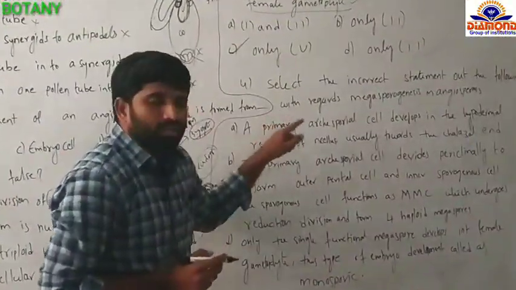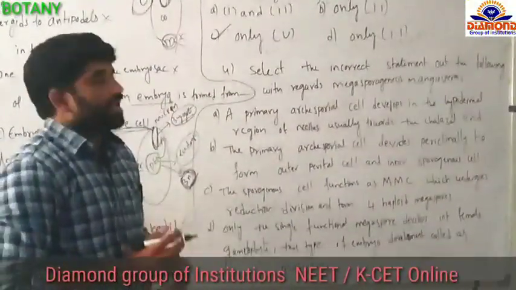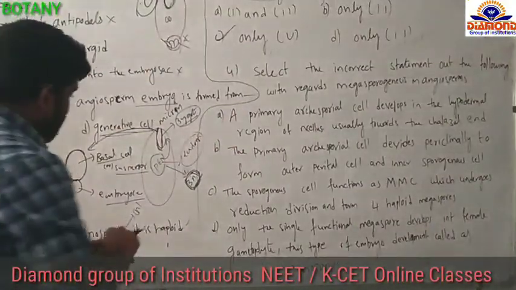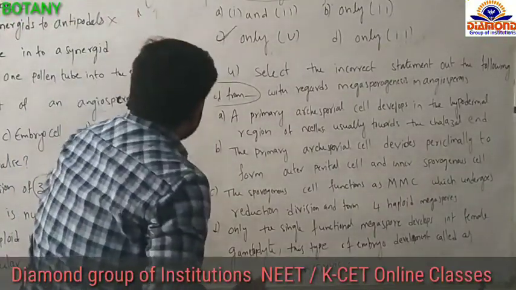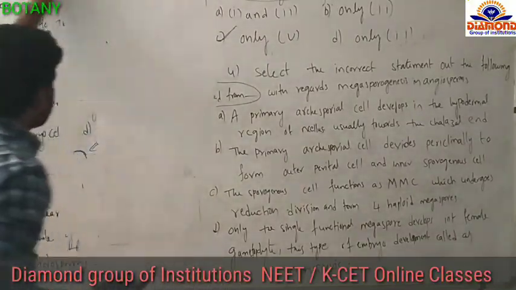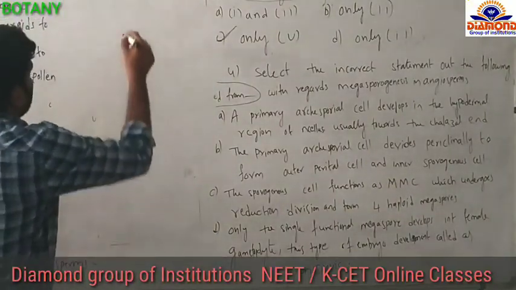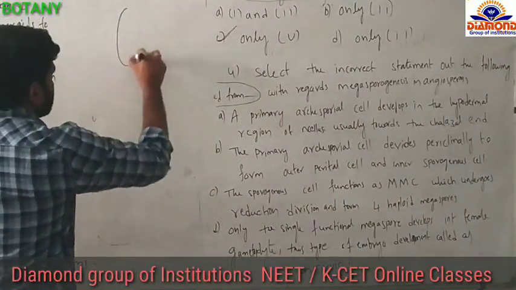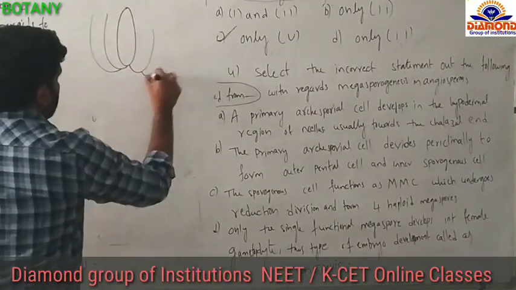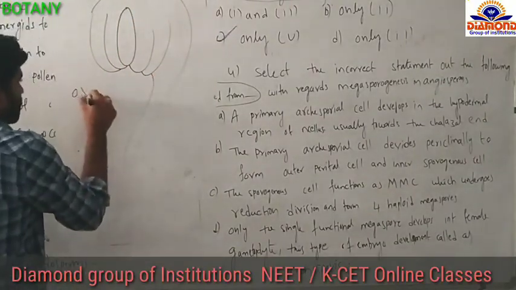Megasporogenesis is a very important concept we have discussed, concerning the structure of the megaspore and its development from the megasporangium. The megasporangium is also called the ovule.